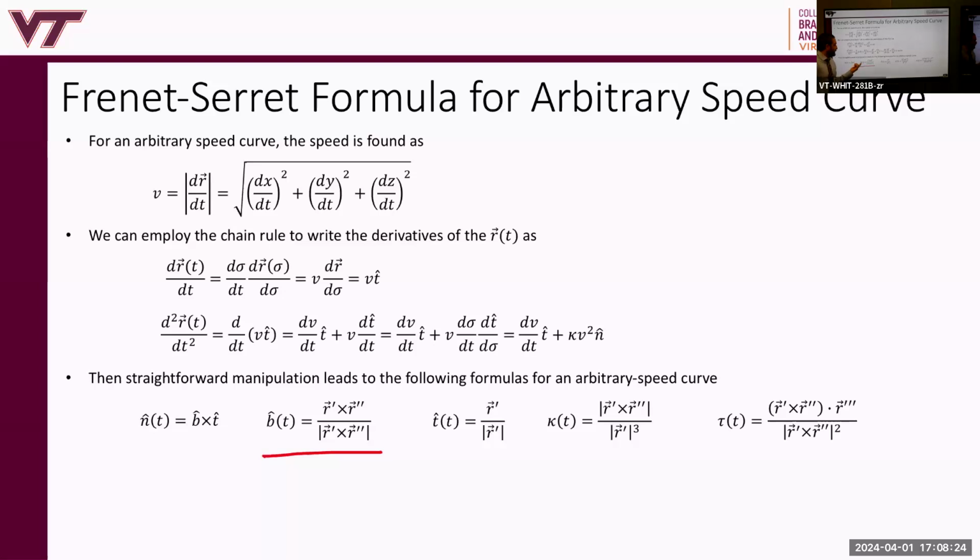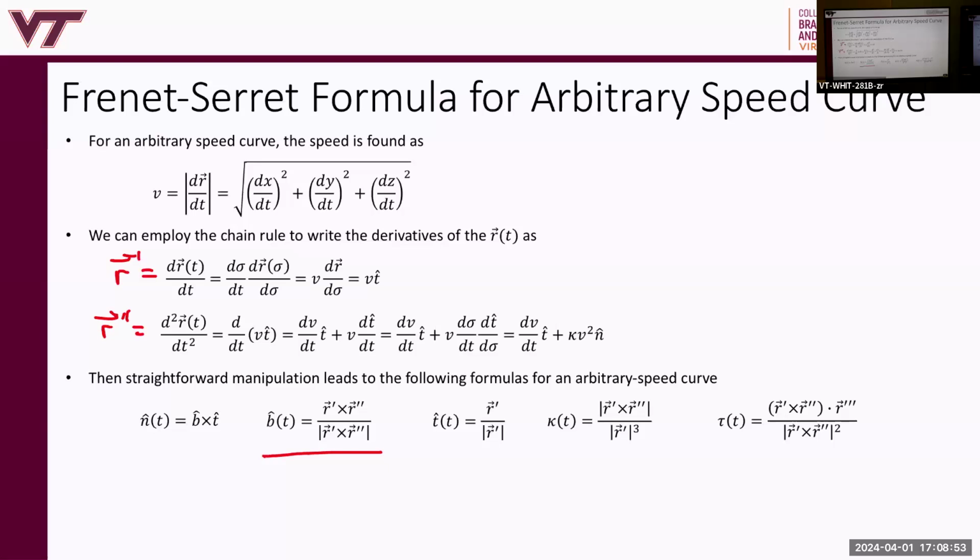Then the tangent vector is nothing but r prime divided by the magnitude of r prime. So this is the unit tangent vector. dr/dt gives us the tangent vector, but it's not a unit vector, right? So take r prime divided by its magnitude, you get T hat.